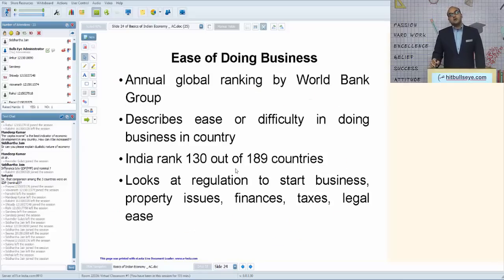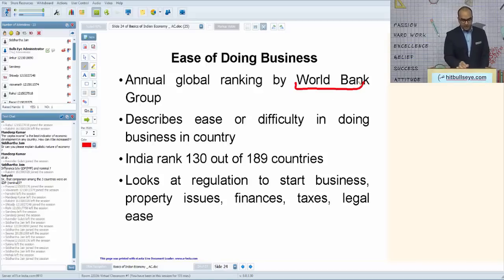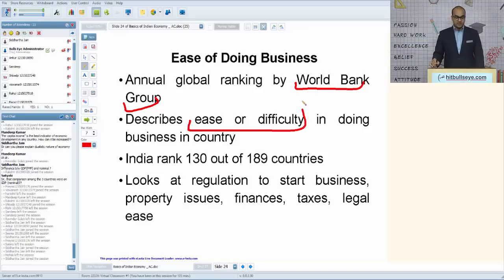Yes. So we came across this term, ease of doing business. This is a ranking given by the World Bank Group. As the name suggests, it describes the ease or difficulty of doing business in a country. Recently, India has been ranked 130 out of a total of 189 countries.